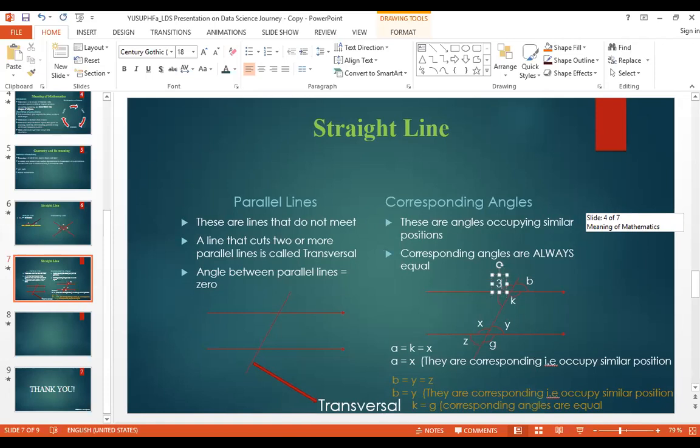Let's say 3x, plus, let me call this angle 45. 45 degrees. Are you with me? And let me call this place.